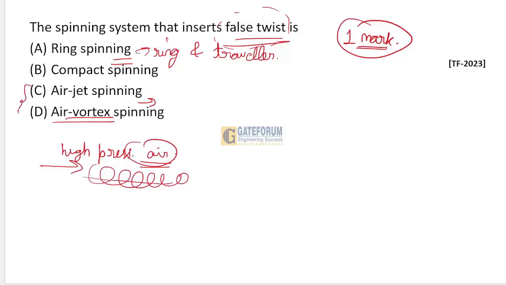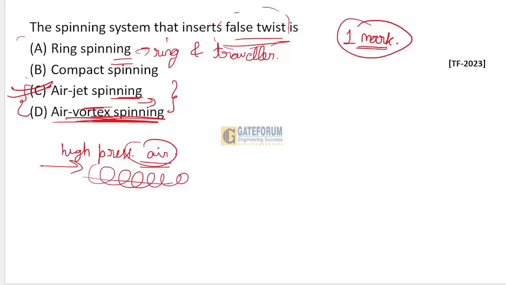Most things are the same between these two, but air vortex spinning does not use false twist, whereas air jet spinning uses false twist to hold and twist the fibers. So the question asks for the system that inserts the false twist: it is air jet spinning. False twist is not inserted in ring, compact or air vortex spinning. So option C is the right answer.